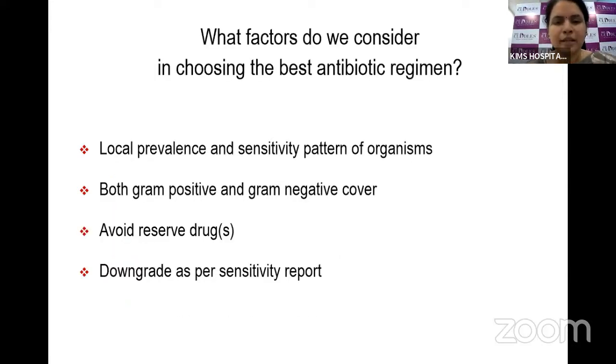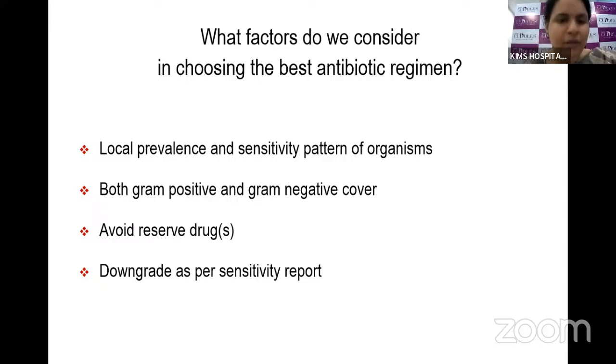So let's take this question, and to answer it, we need to consider some relevant factors. These factors include the local prevalence of antimicrobial resistance pattern, and the local microbiome that is prevalent in that particular region, which includes the common bacteria that are isolated in otherwise sterile body fluids.